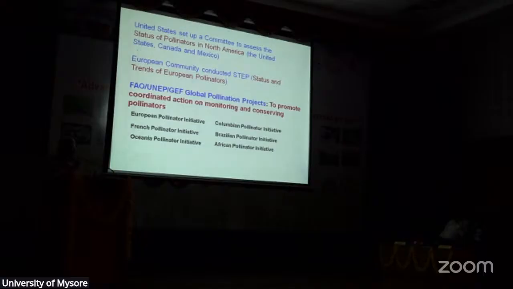Similarly, in Europe they set up STEP, that means Status and Trends of European Pollinators. And FAO, UNEP and GEF and so on initiated global pollination projects to promote coordinated action on monitoring and conserving pollinators. These are some of them which I have listed here.